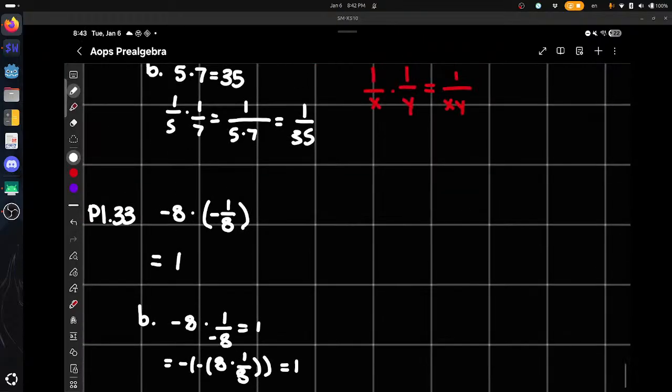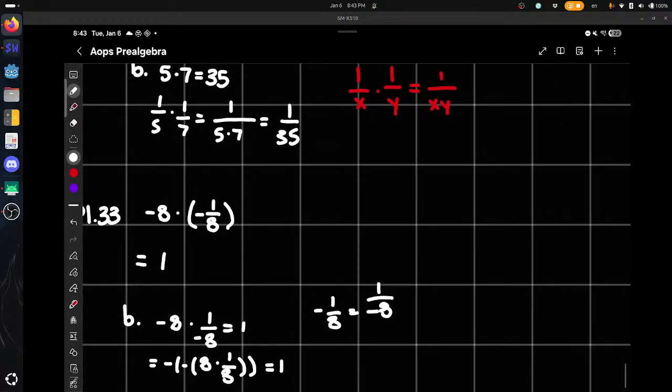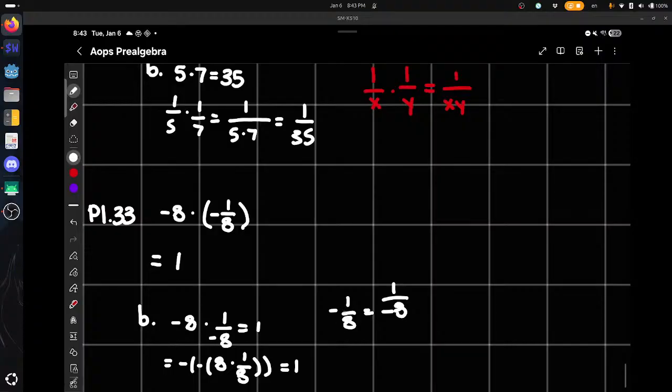They're just saying that this is the same thing as that. So these are the same. That makes perfect sense because the negation is just telling us that this is a negative number. If we take the reciprocal of this, then we're left with negative 8.